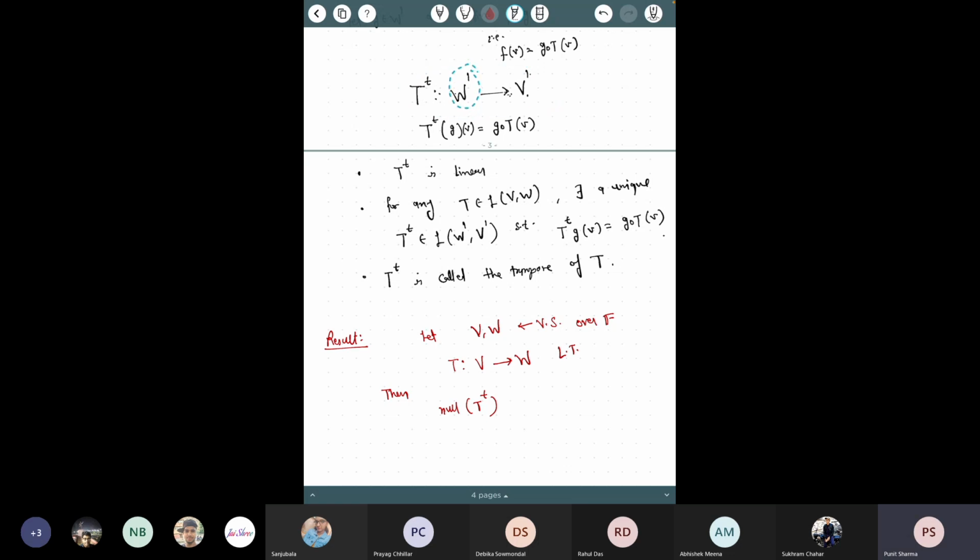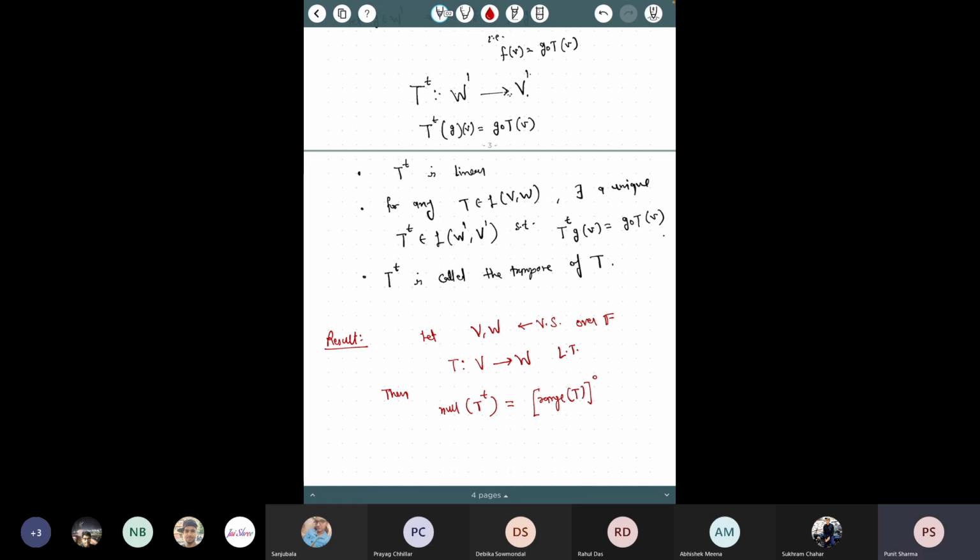So now the null space of T transpose, you can prove, is equal to the annihilator of the range space of T. How to remember this?